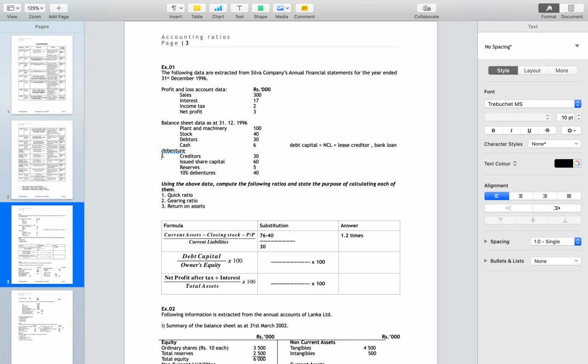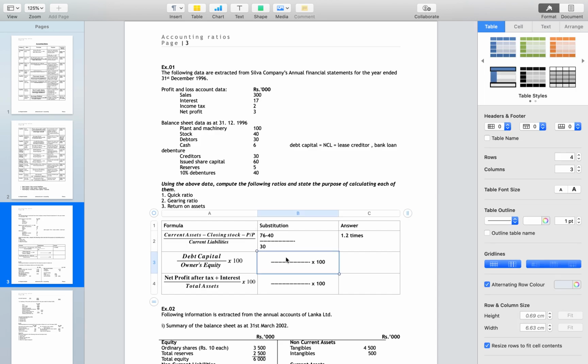So remember, for advanced level purposes, if they ask for debt capital, then you have to start searching for these three: lease creditor, bank loan, as well as debenture. In this question, as you can see, the only non-current liability over here is this debenture, so you mark that over there. So debentures over here, 40.